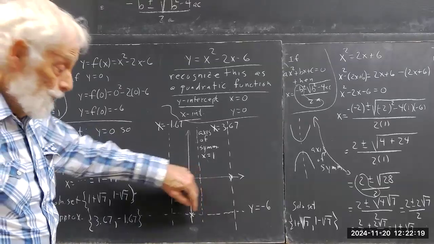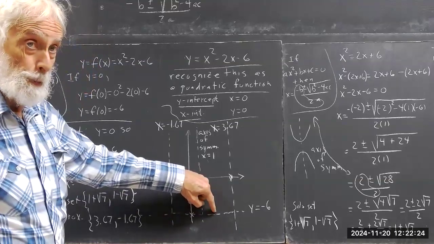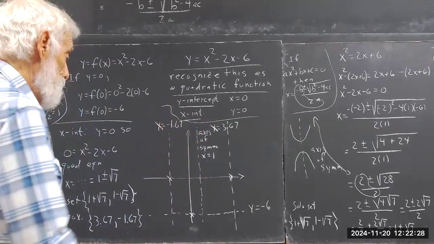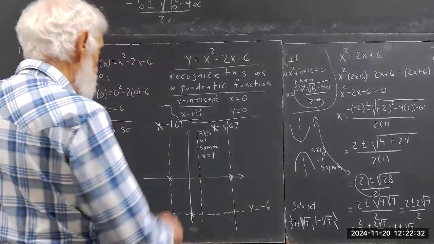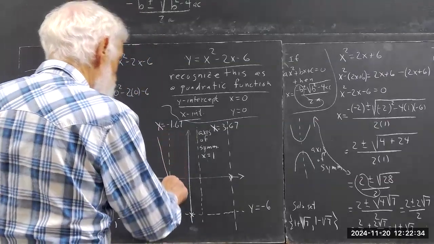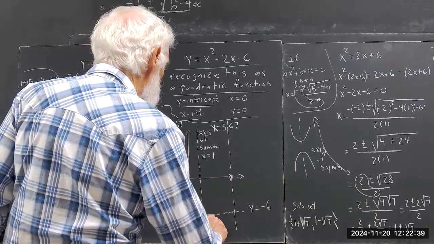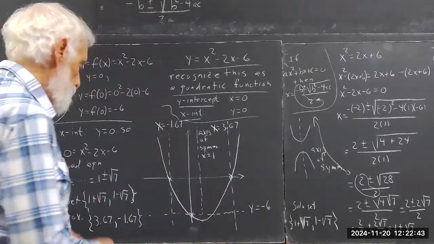So if this is the low point of the graph, then this has to be the low point of the graph. The graph can't have two low points. So what has to happen is the low point has to be on the axis of symmetry. So we come down here, we level off, and then we come back up here.